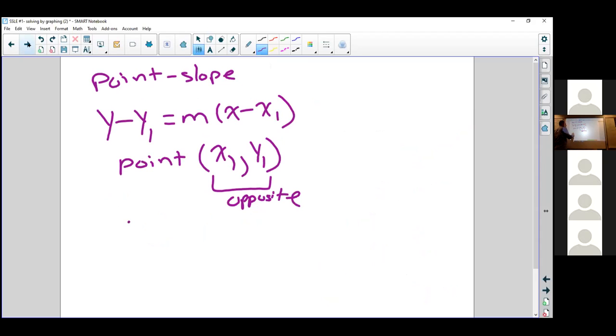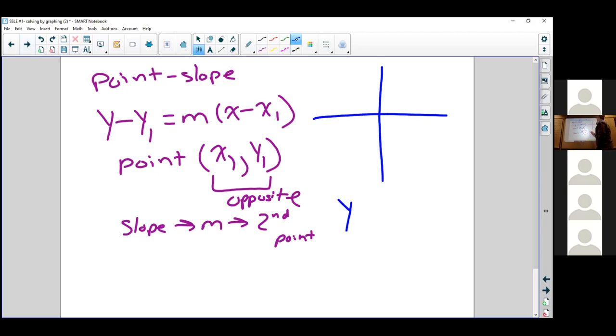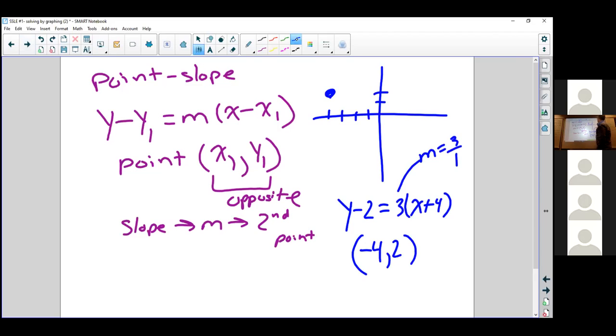Then we have our slope that finds our second point. So let's say we had something like this. We have the point -4, comma 2, which is here. We have a slope of 3, or 3/1. So from here, I'm going to go up 3, right 1, connect the dots.